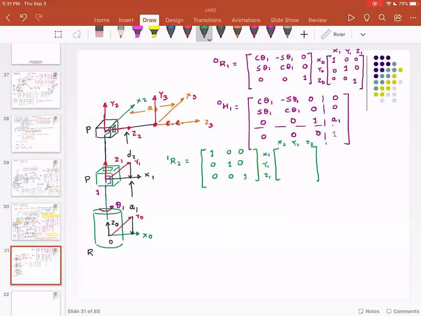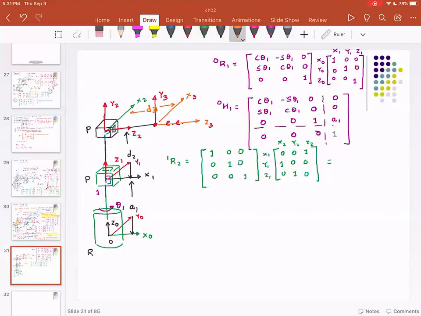Projection of x2 on y1 is 0. Projection of y2 on z1 is 1. And projection of z2 on x1 is 1. So now please note, you have an identity matrix. A3. Oh yes, you're right. This would be D3.